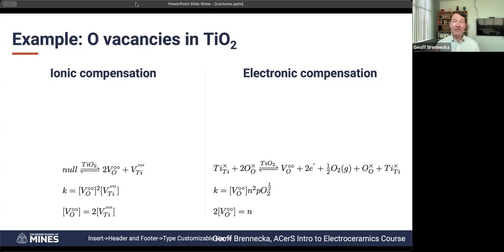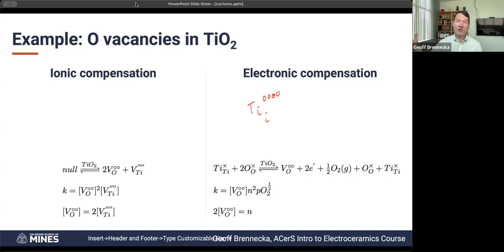Strangely enough, the defect energetics for titania often end up favoring titanium interstitials rather than oxygen vacancies. So you'd end up with a titanium interstitial that would be 4+ charge. That ends up being a lower energy than oxygen vacancies.